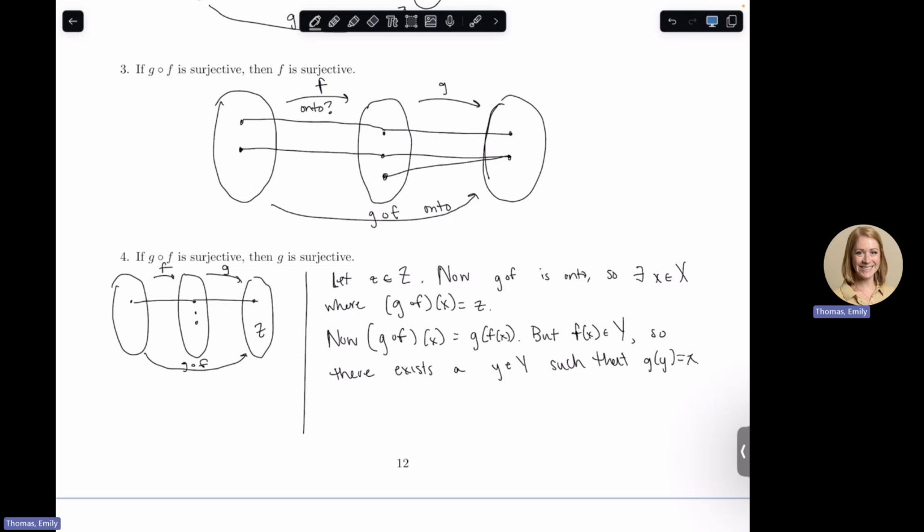That's a z. I can't change to an eraser, but that's a z. So G is onto.